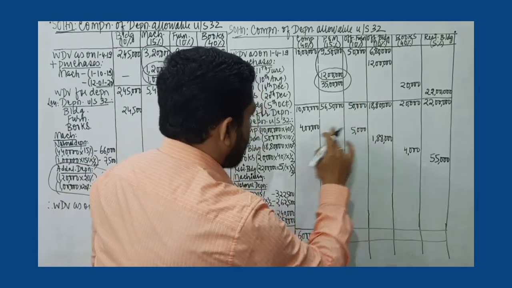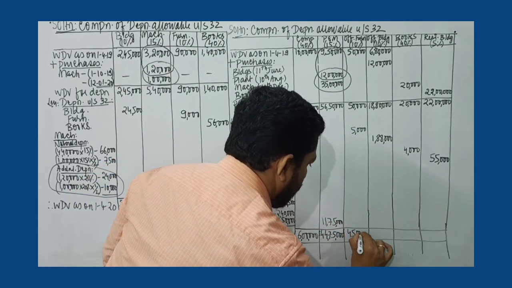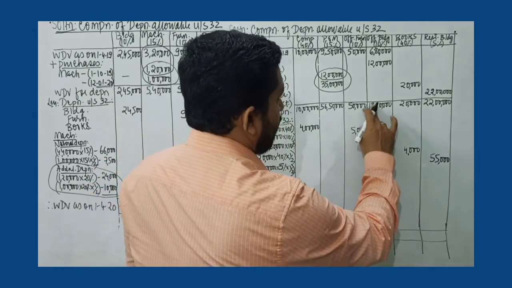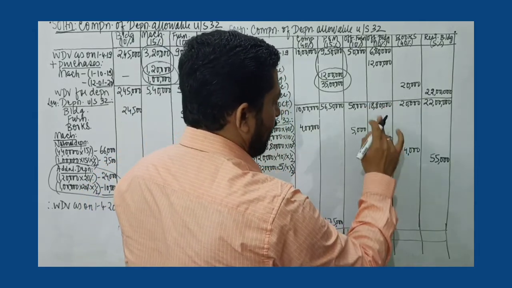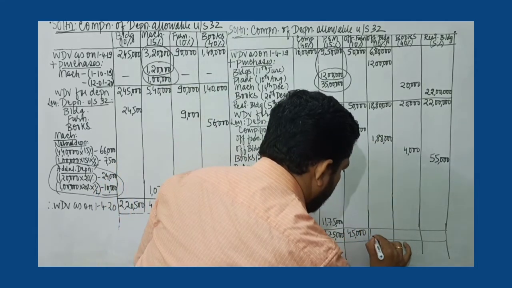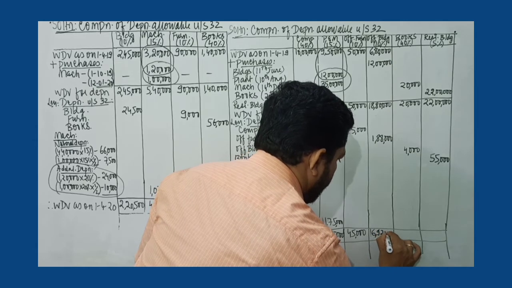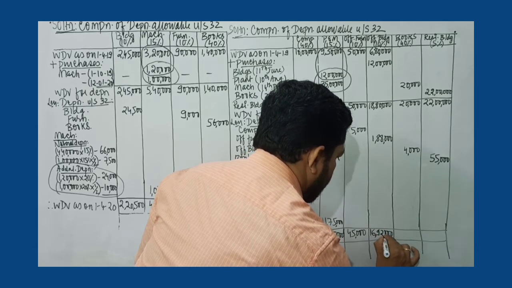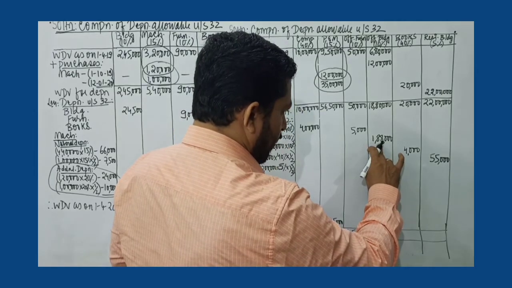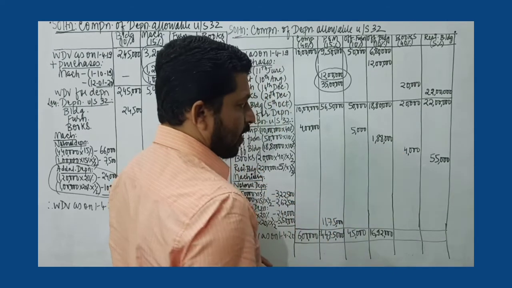As far as office furniture, 50,000 less depreciation 5,000, the block value for the beginning of next year is 45,000. And here office building 18 lakh 80,000 minus 1 lakh 88,000, that would be 16 lakh 92,000.